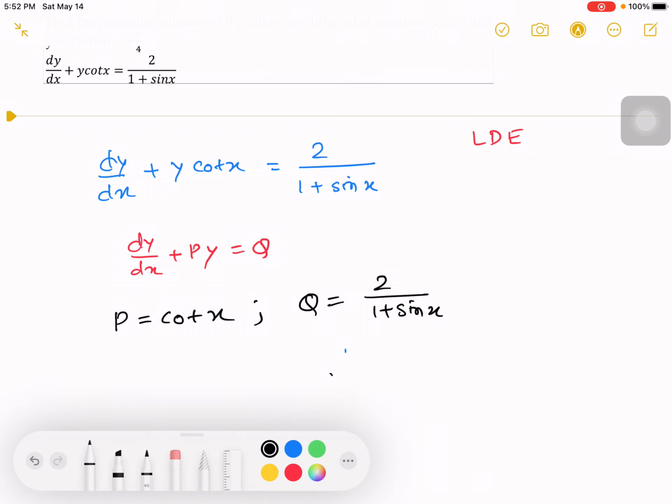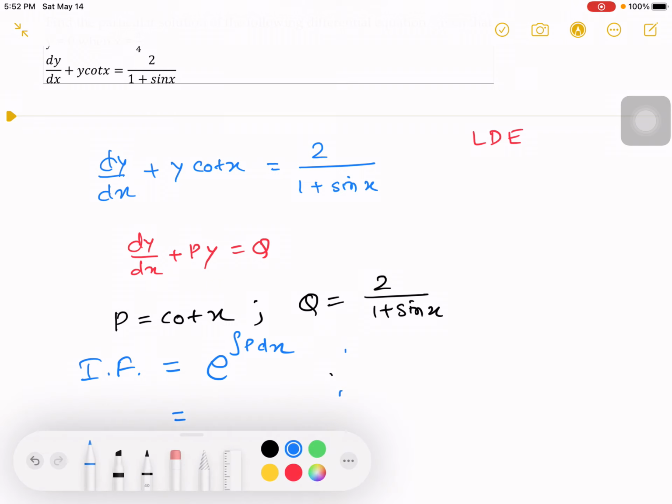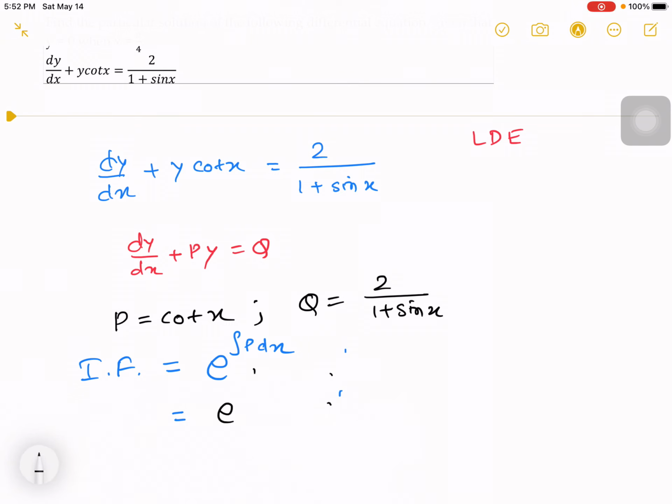After that, the second step is to find the integrating factor of the differential equation, which is e to the power of integration of p dx. Now we simplify it: e to the power of integration of cot x dx.